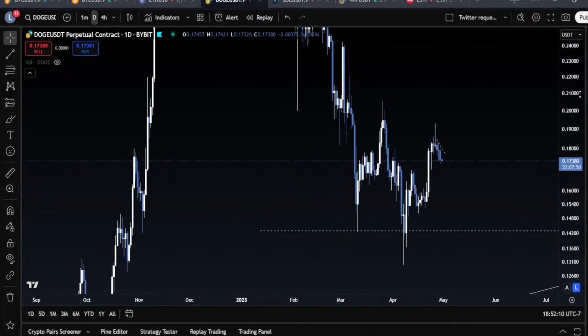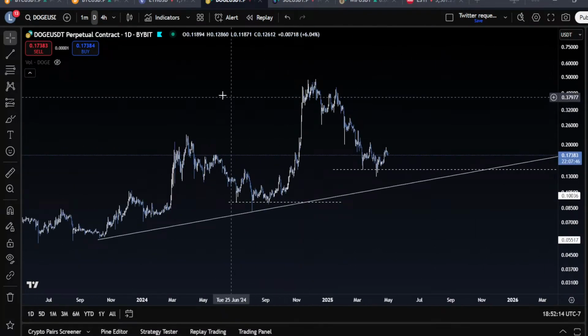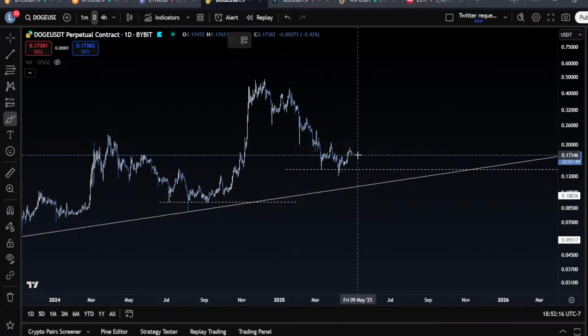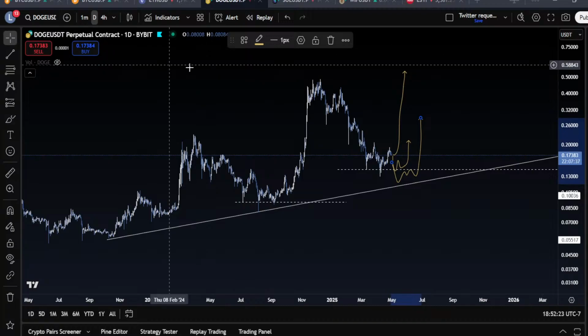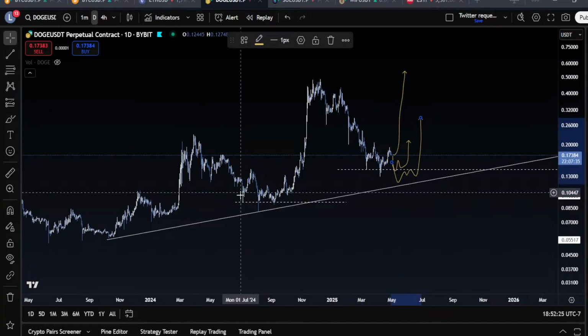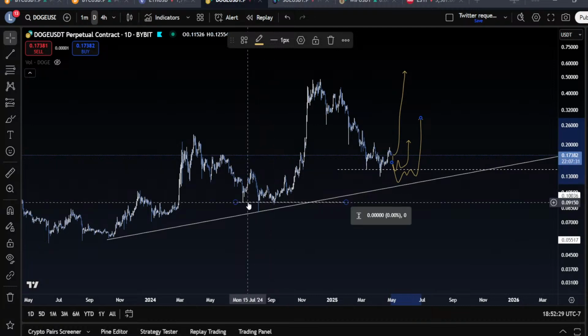I think the same could be applied to a lot of the alts I'm looking at. I'm not really expecting this. I would expect something like this or like this for a major low. Put in a low, take the low, retest the low.